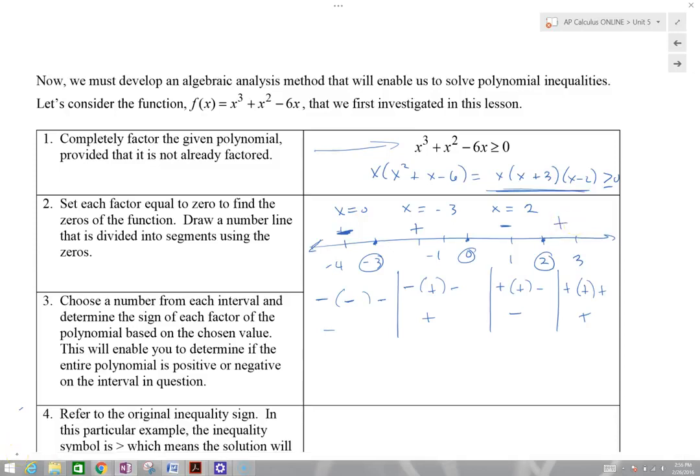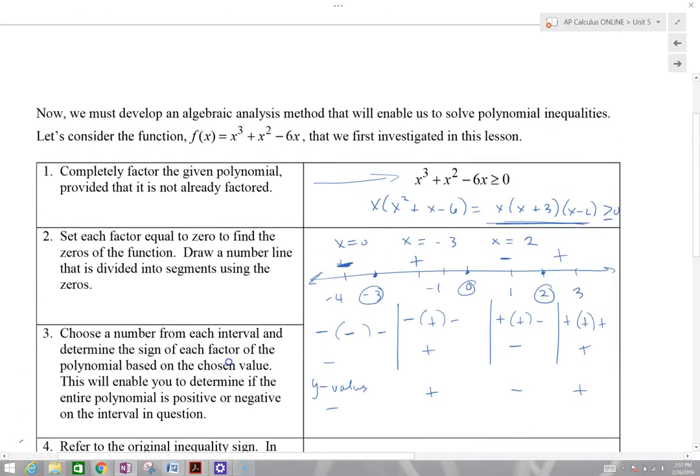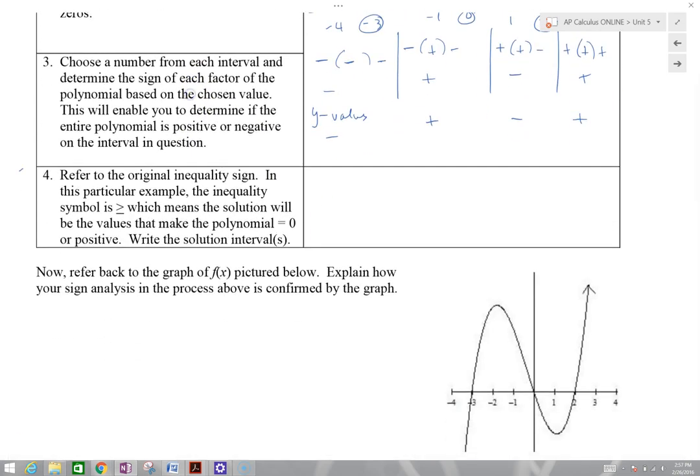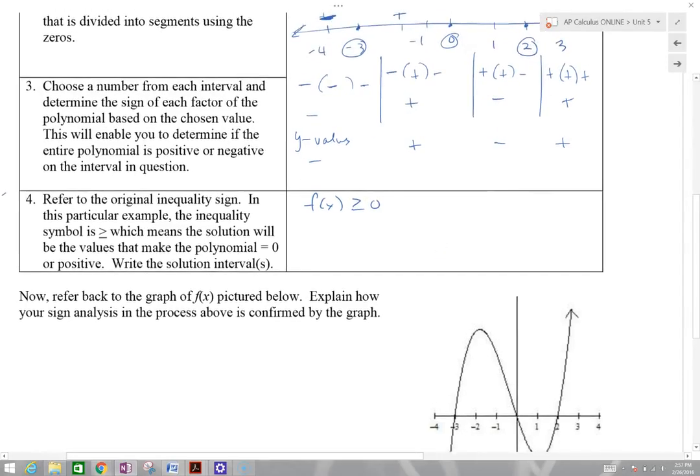As we're talking about the function f of x, we're talking about the y values. This is where the y values are negative, positive, negative, and positive. We're going to use that to sketch a graph of this function here in just a sec. Since the original problem that we wanted was f of x greater than or equal to 0, we want to look at all the places where f of x is positive or equal to 0.